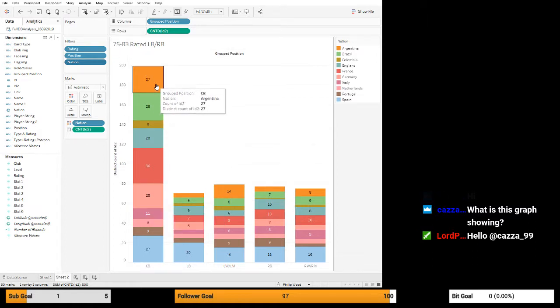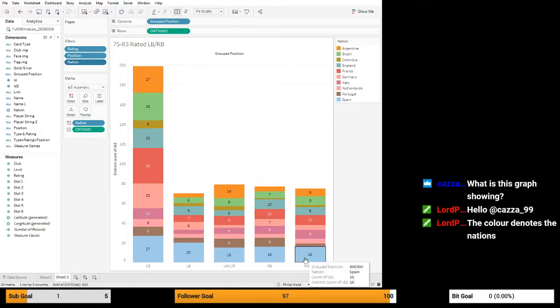Where each of these colours represents these nations. So you can look for gaps. For example, left midfielders is low for Spain, or French left backs, it looks pretty low as well.